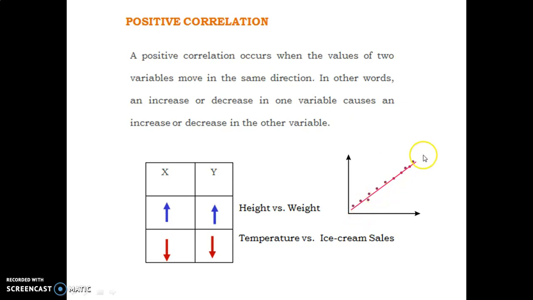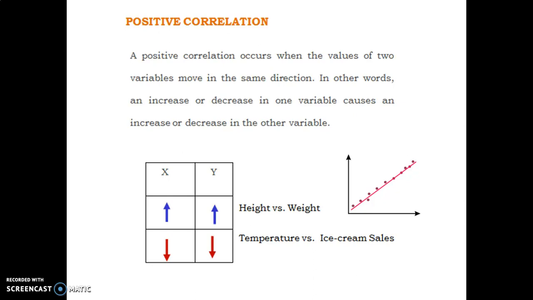So, it increases positively. So, example for positive correlation is the relation between height and weight. If height increases, then weight of a person also increases. Vice versa, if height decreases, the weight also decreases. The other example is the temperature versus ice cream sales.